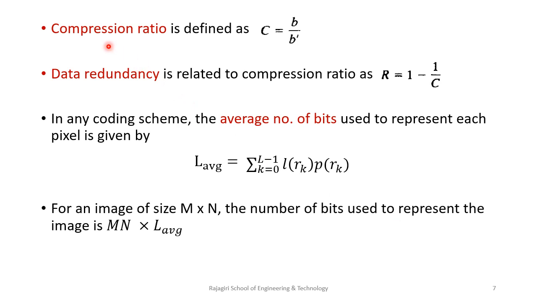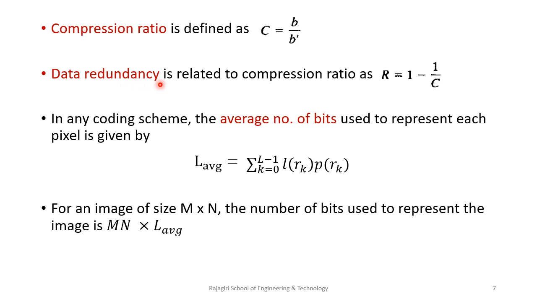For any compression scheme, the compression ratio is defined as C = B/B', where B represents the number of bits used to represent the original image and B' represents the number of bits used to represent the compressed image.